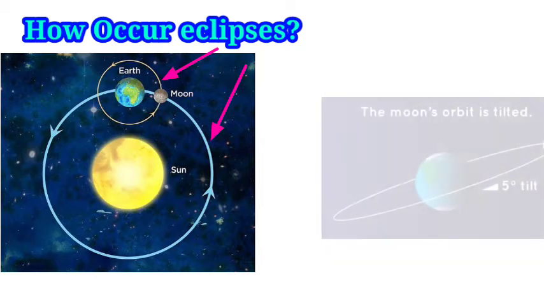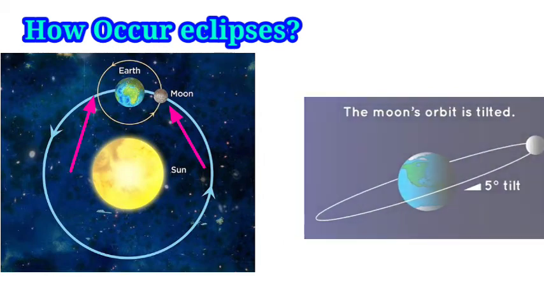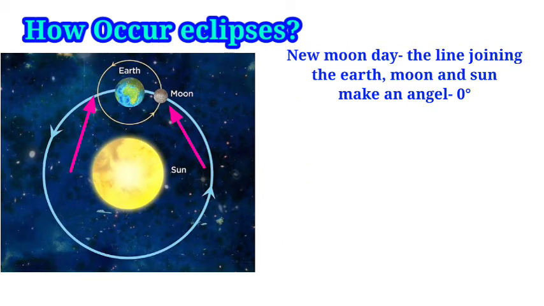The moon's revolutionary orbit makes an angle of about 5 degrees with the revolutionary orbit of the earth. As a result, the moon intersects the plane of the earth's orbit twice during one revolution. We learn that on each new moon day, the line joining the earth, the sun and the moon makes an angle of 0 degrees.